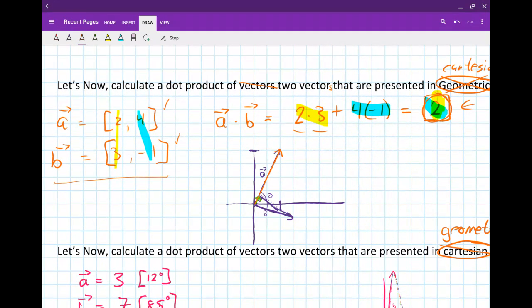So basically, if I take A, which is maybe something like this, let's say A is about that long. This is A magnitude. And then I take B cosine theta, and I put it right there, and I make a box.